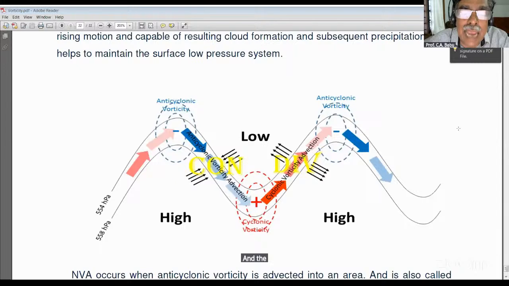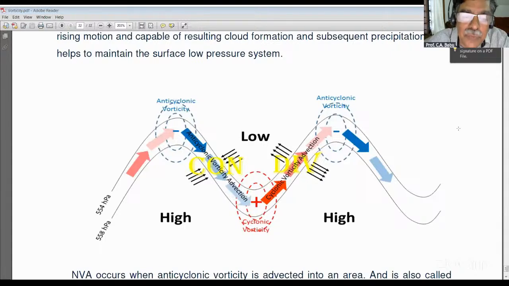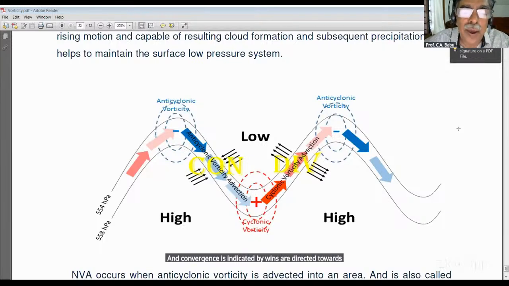And the negative vorticity advection is marked by a blue shaded arrow, in which convergence takes place, and convergence is indicated by winds directed towards the isobaric pattern.